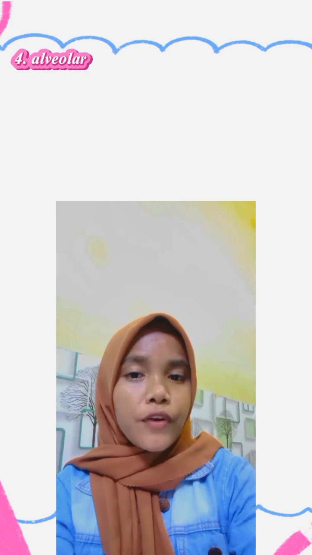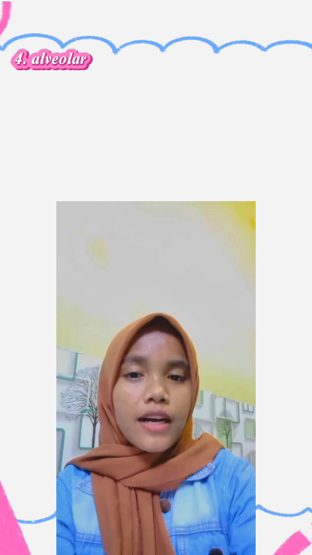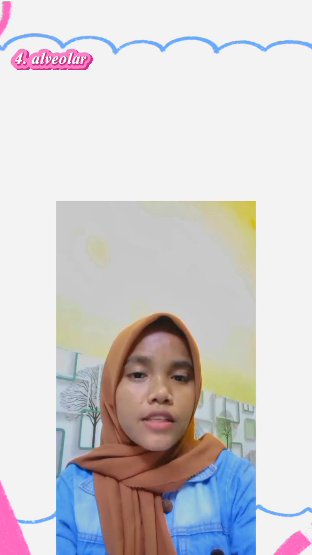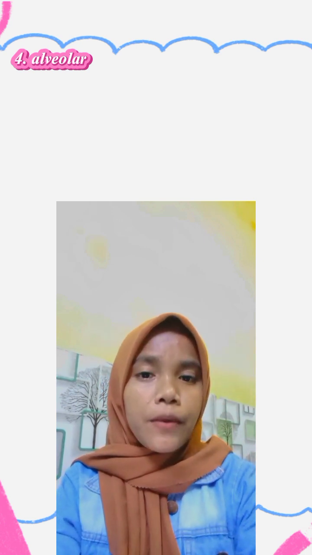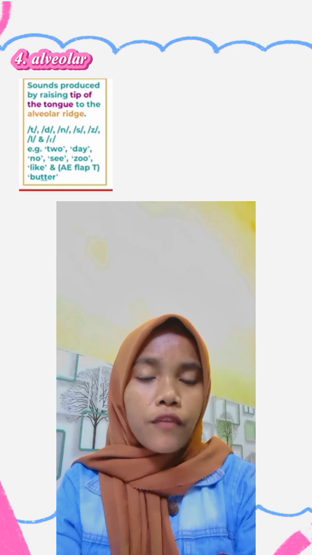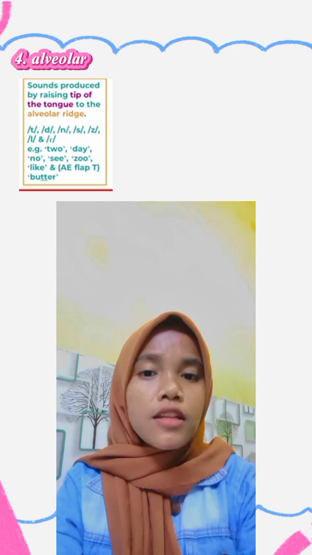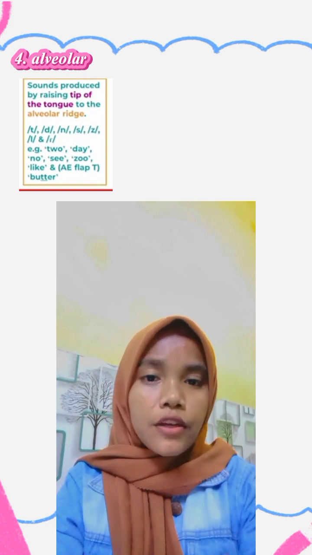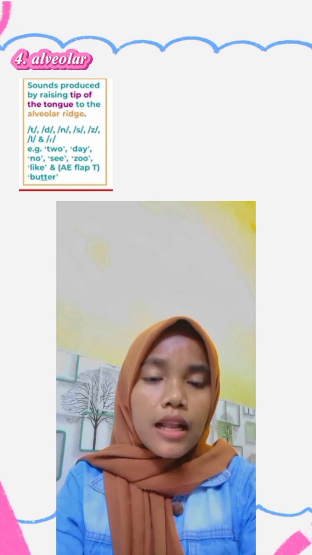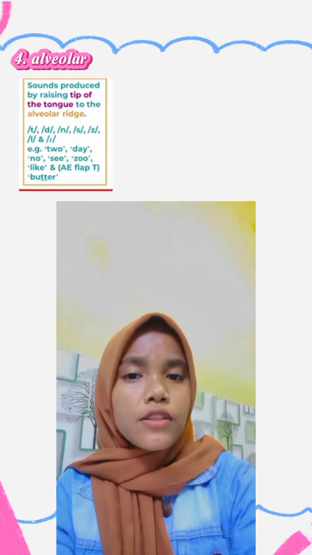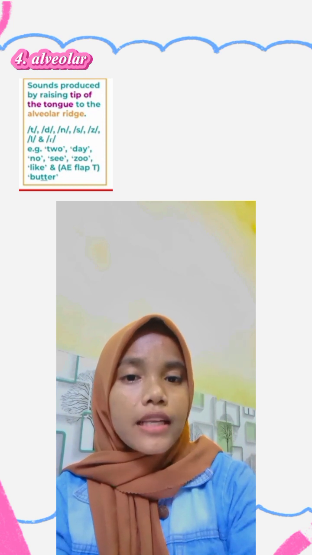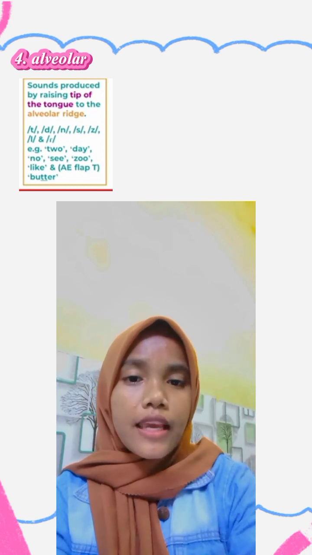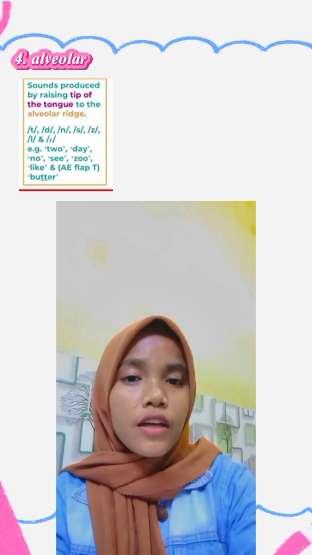Next we have alveolar. The sounds are produced at the alveolar ridge, and that is really the place of articulation. The sounds are produced by raising the tip of the tongue to the alveolar ridge, and usually there is contact there, maybe not always but quite often.